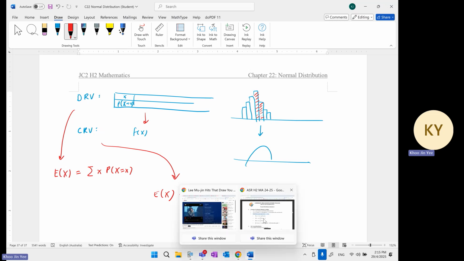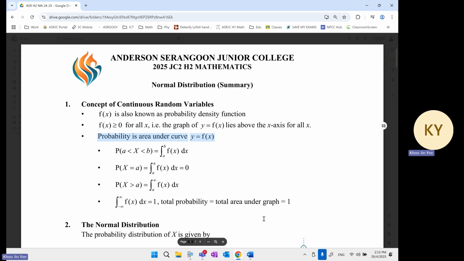Because of that, for a continuous random variable, the probability is the area under the curve. So for normal distribution, the probability comes from the area under the curve. The probability between two values is just the definite integral between A and B.